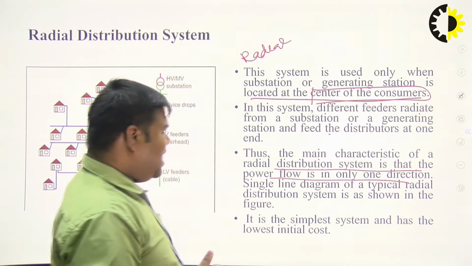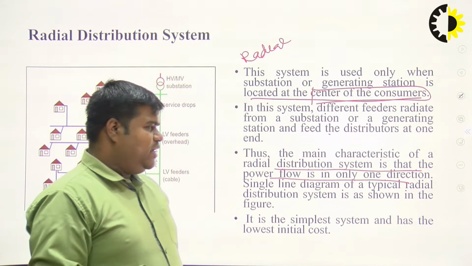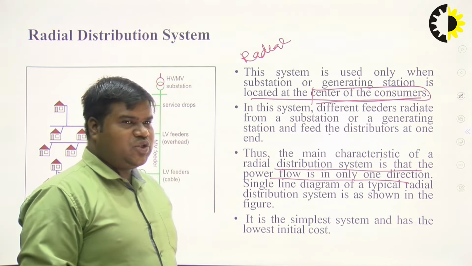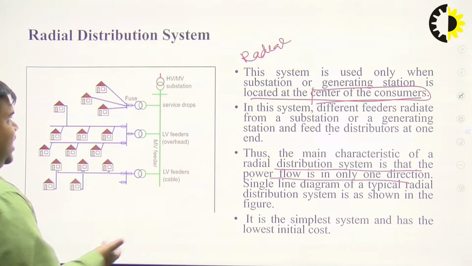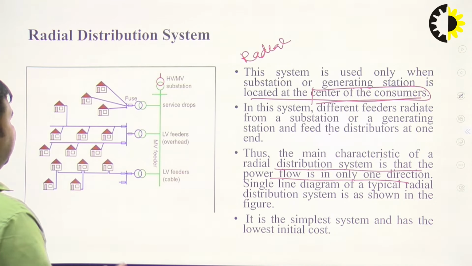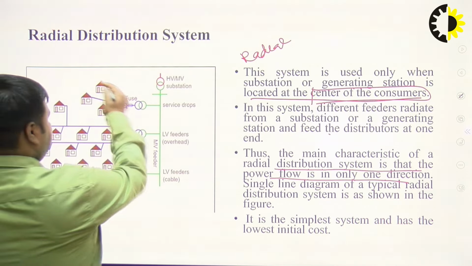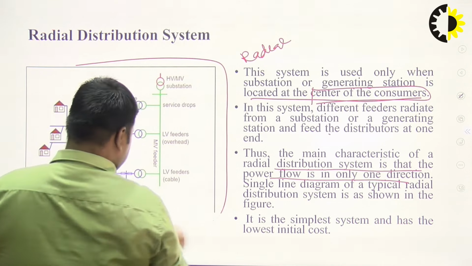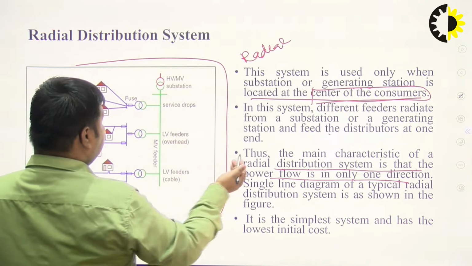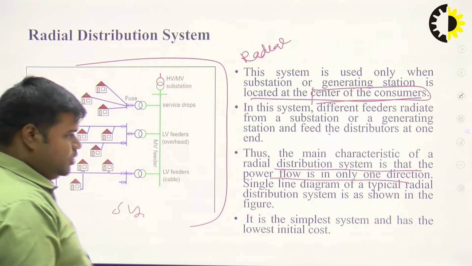The single line diagram of a typical radial distribution system is as shown in the figure. This is the single line diagram of a radial distribution system.